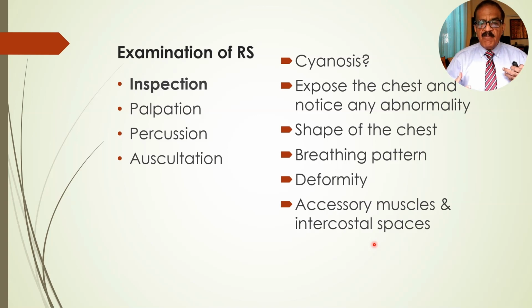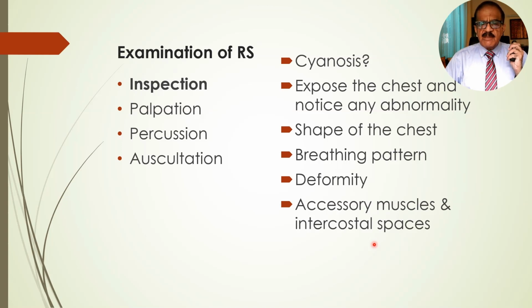These muscles will be prominent and you will see the patient is actually taking help of these accessory muscles to make breathing possible because the work of breathing has increased. And the patient may be adopting a specific posture like the tripod position. The patient makes this posture and fixes the arms on the chair arms or the bed so that he can use the accessory muscles for the expansion of the chest.